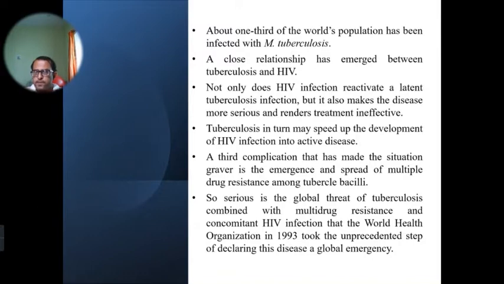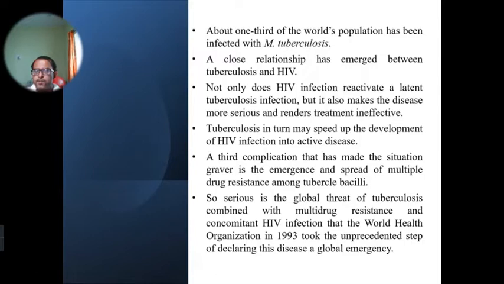In turn, pulmonary tuberculosis helps the HIV virus by speeding up the development of HIV infection to an active disease.